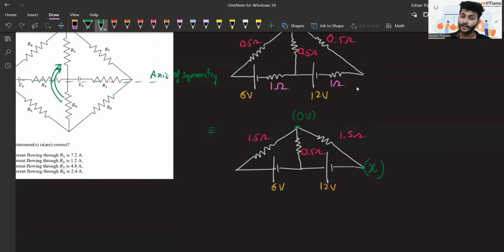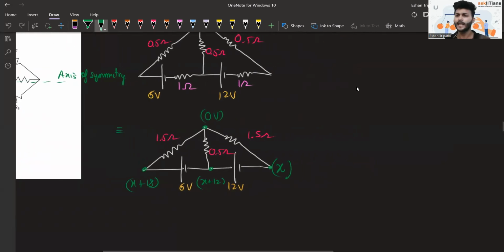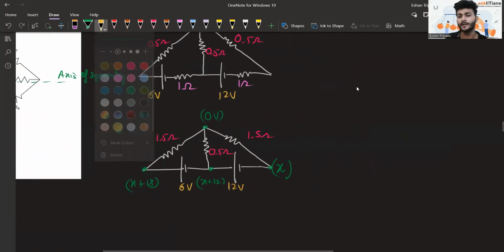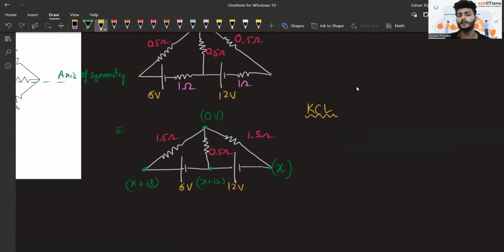The reason I've taken it as X potential is because I know there's a battery of 12 volt, so potential on this point is going to be X plus 12. And then again, there's a 6 volt battery, so the potential here is going to be 6 volts even more, X plus 18. Then we are going to use KCL, Kirchhoff's current law, and say that current coming from this branch, this branch and this branch should sum up to become 0.